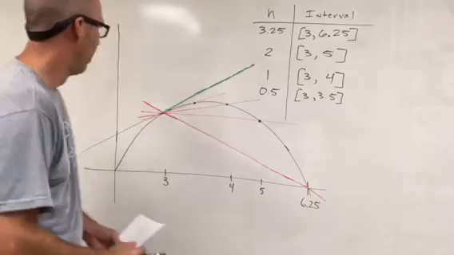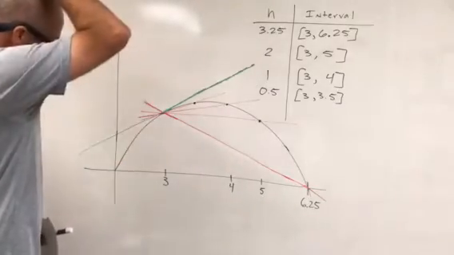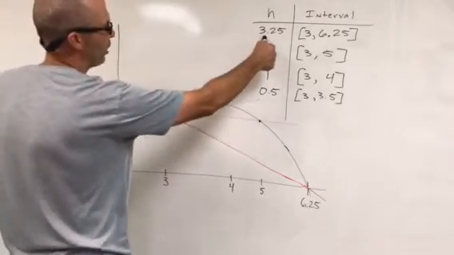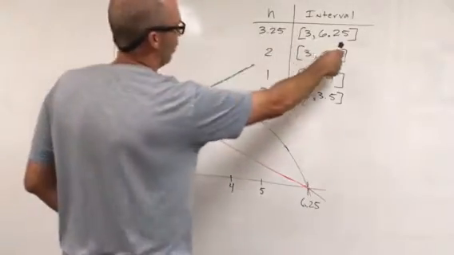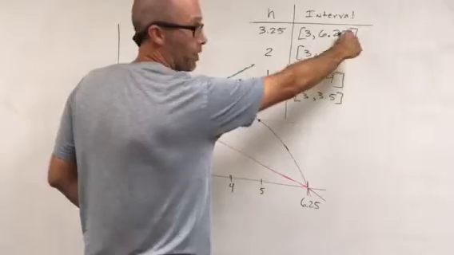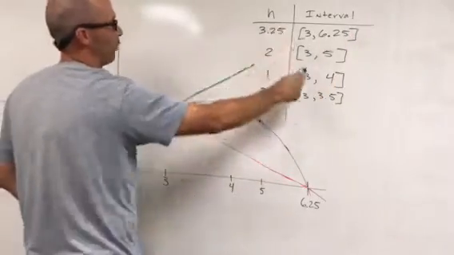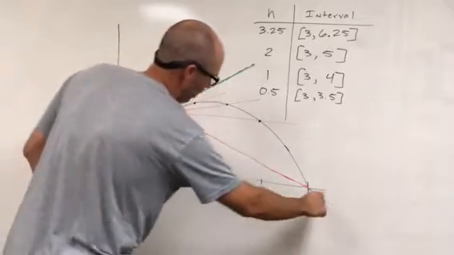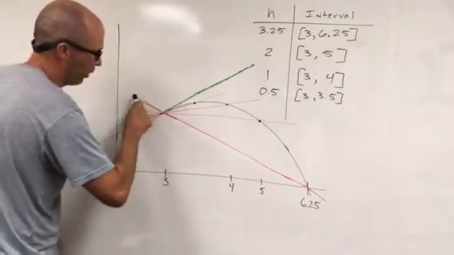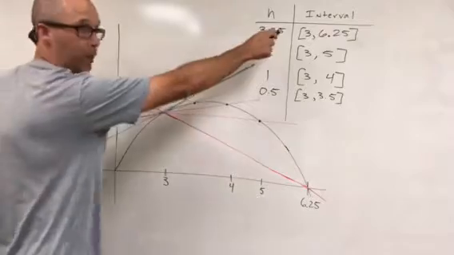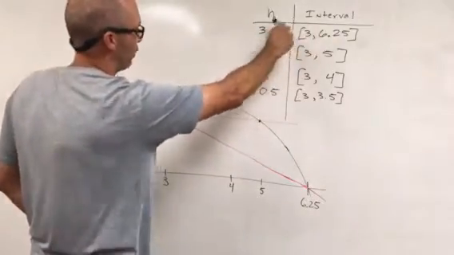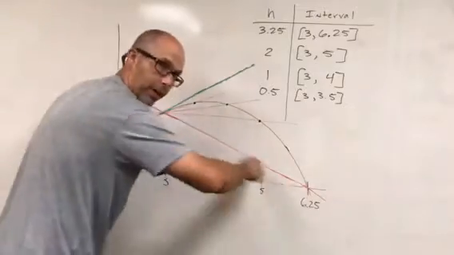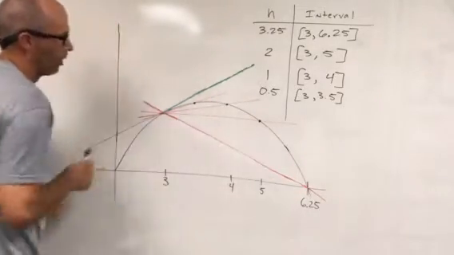All right. So when h is 3.25, the interval, remember it's 3 plus h. When h is 3.25, the interval is 6.25, and what you would compute in that case is the slope of this red secant line here.